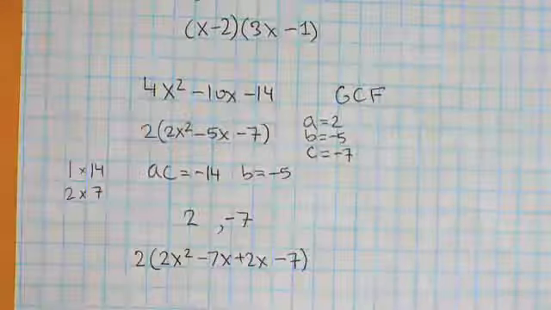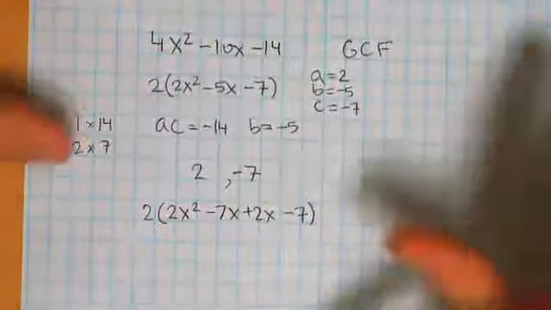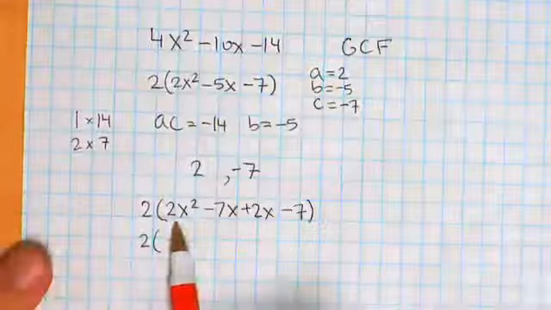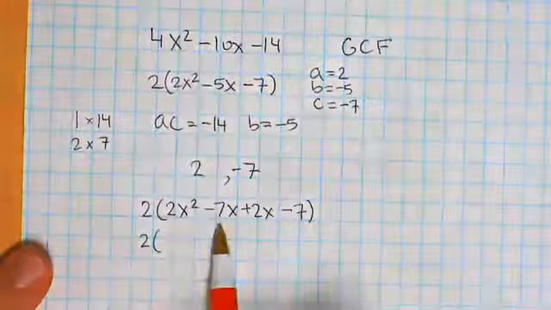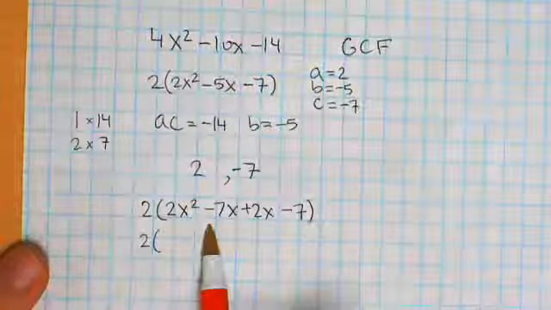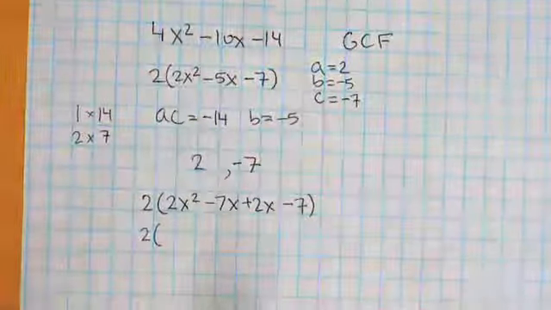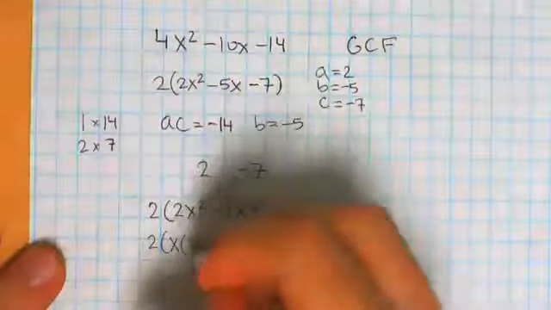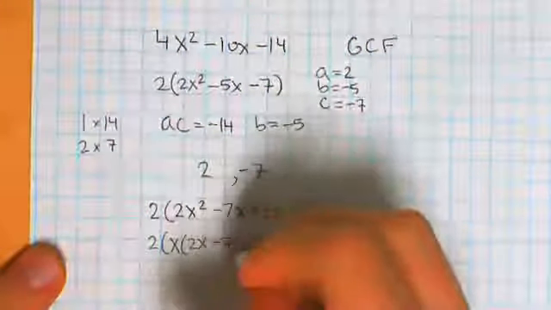But now we actually need to do the factoring. So we have our 2 on the outside still. Let's see, what do 2x squared and -7x share? Well, 2 and -7 are prime numbers, and so we don't have any number that they share. So all we get to pull out of here is an x. So we're left with 2x minus 7.